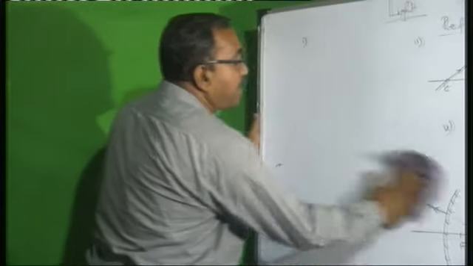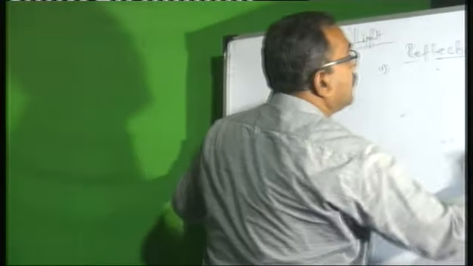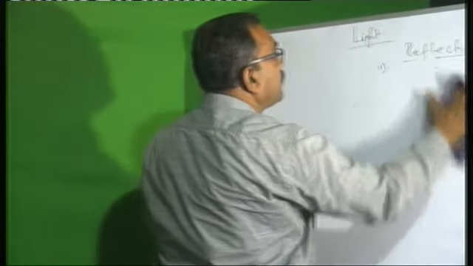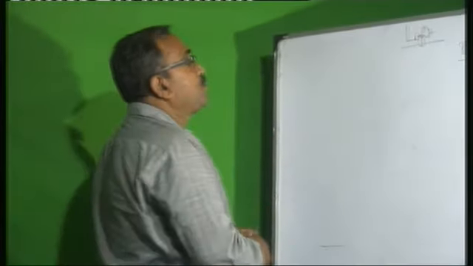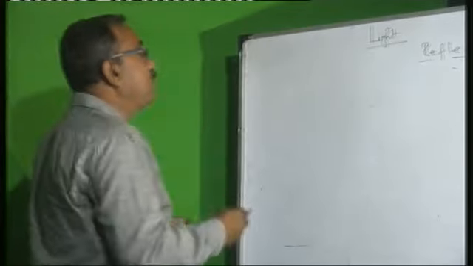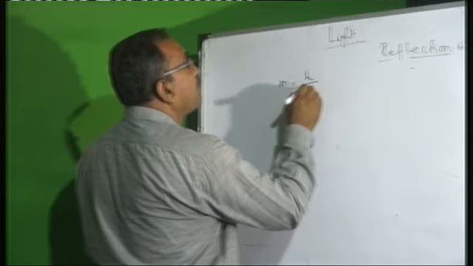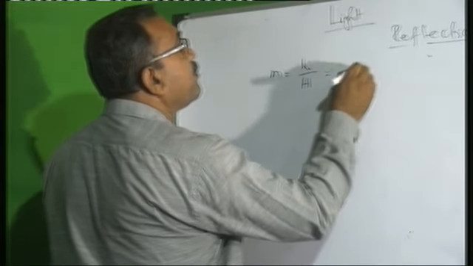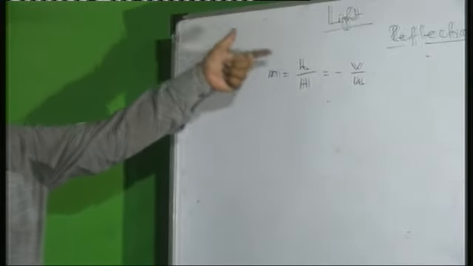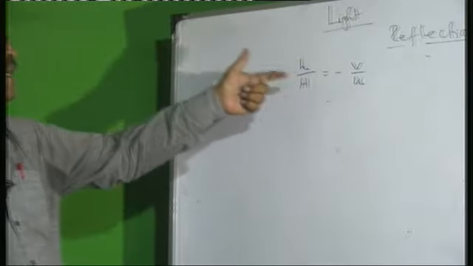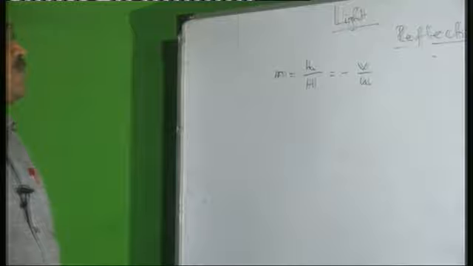Next part, from the magnification, which type of mirror, which type of nature of the image. Suppose magnification, you know it, m equal to h by capital H, that means minus v by u. h by capital H is the ratio of the height of the image to the height of the object, and minus v by u is the ratio of the image distance and the object distance.